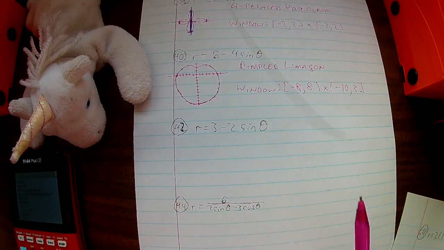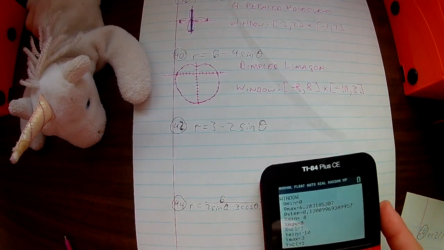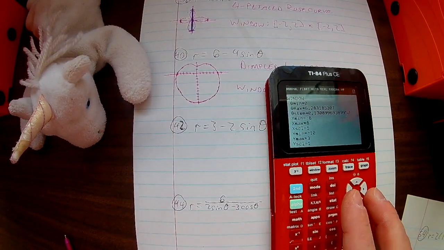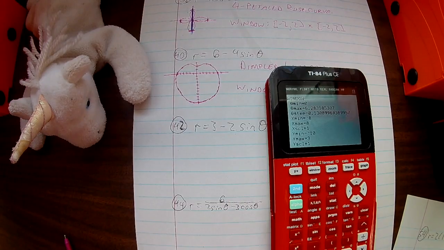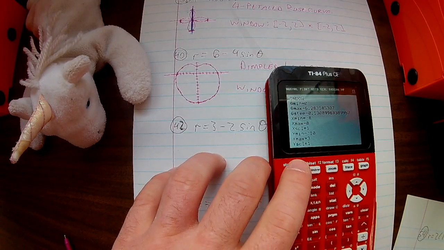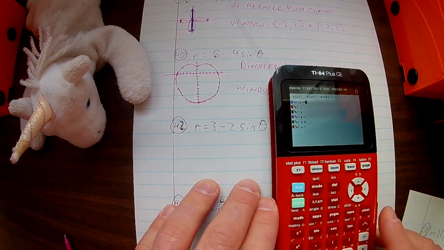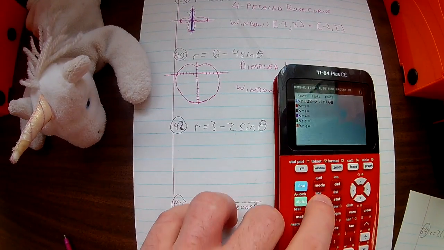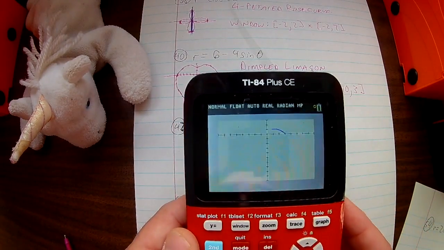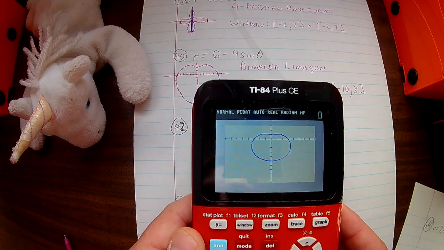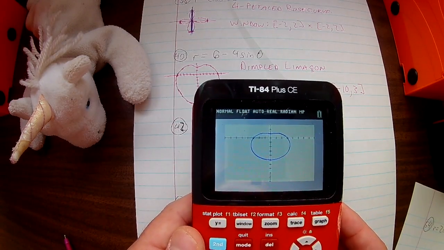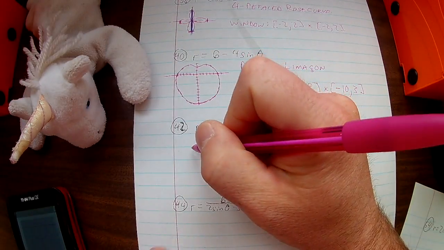Looking here, I see it's going to be another limaçon. I see that actually my A is bigger than my R, so between 1 and 2, I'm going to say this is going to be another dimpled limaçon, but we don't know for sure. Until, well, actually I do know for sure what it is. 3 minus 2 sine of theta, and we graph, and look, it's a limaçon curve about half as big as the previous limaçon curve.